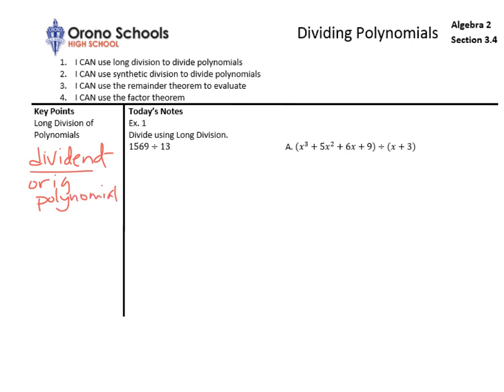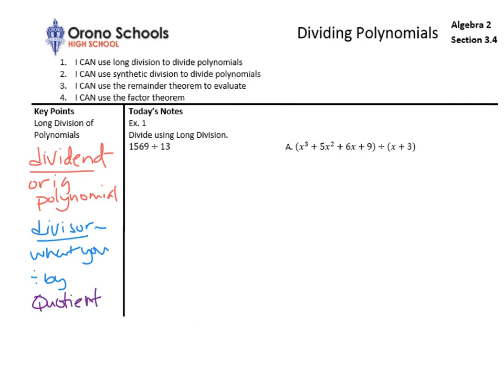And then what you do is you divide by what's called a divisor. I know, catchy name. So the divisor is what you divide by. Now the answer you get is called the quotient.